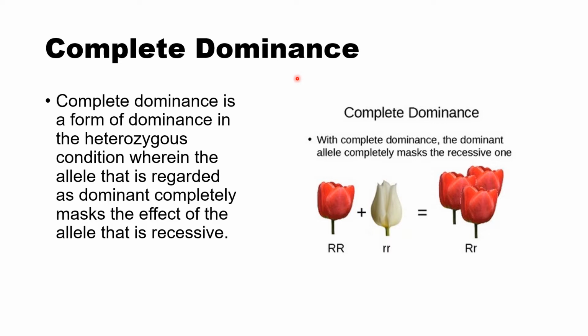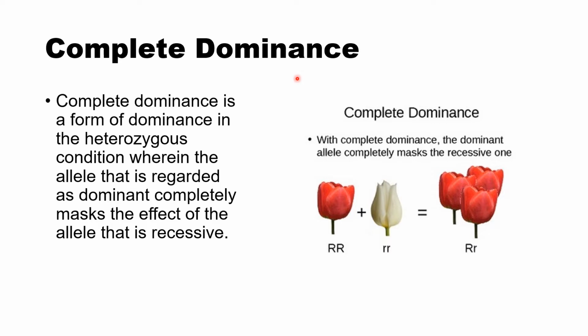So in a complete dominance, pag nag-mate yung cattle that is horned na merong homozygous dominant na gene and then minate mo doon sa cattle that is polled or walang horn na may homozygous recessive na gene, yung kalalabasan ngayon ng offspring is a cattle that is horned pero yung genotype is heterozygous.